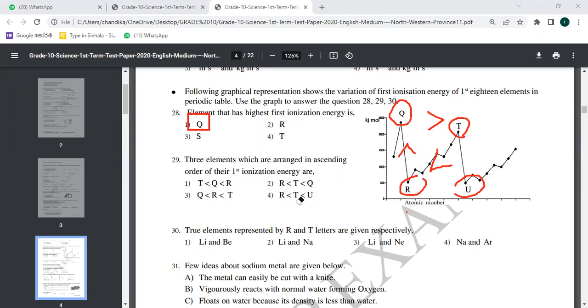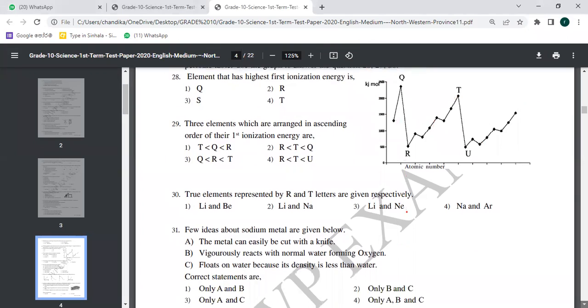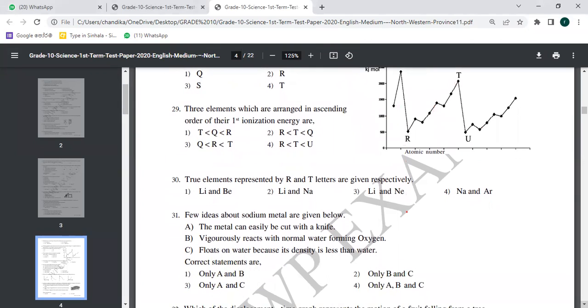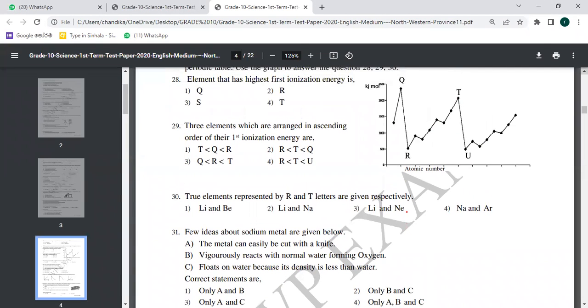Okay. Question number 30 now, right? The two elements represented by R and T. What are the two elements?